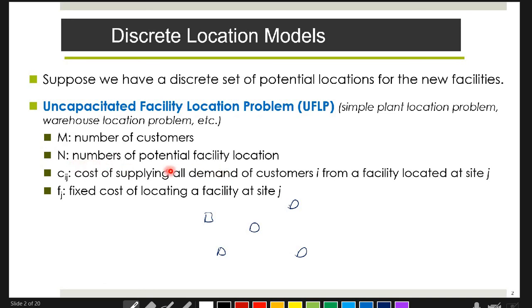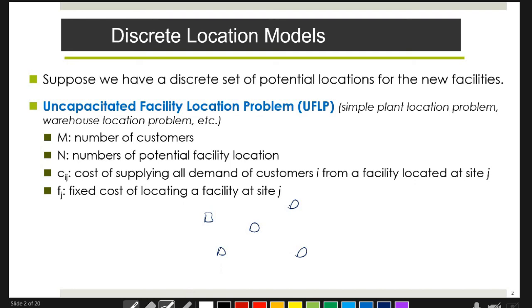Sometimes these potential facility locations are identical to the customers. So if these customers represent the cities, and you are locating a warehouse, you can locate the warehouse in the same cities. So the same set of cities are the locations of the customers as well as the potential facility locations.